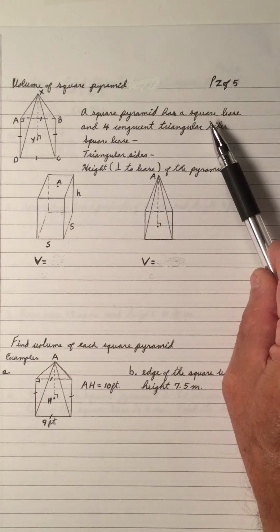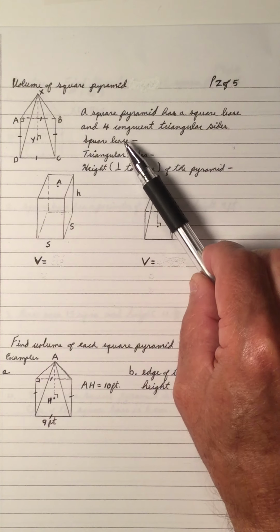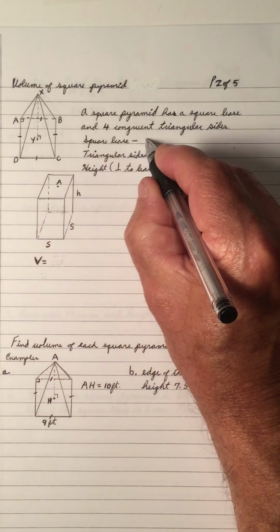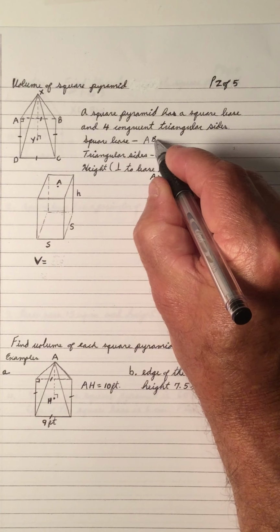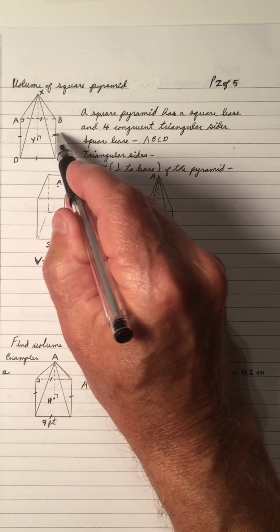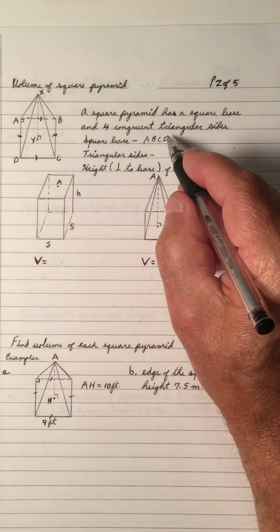A square pyramid has a square base and four congruent triangular sides. The square base is A, B, C, D. Note that all the sides are marked as being equal because the square has four equal sides.